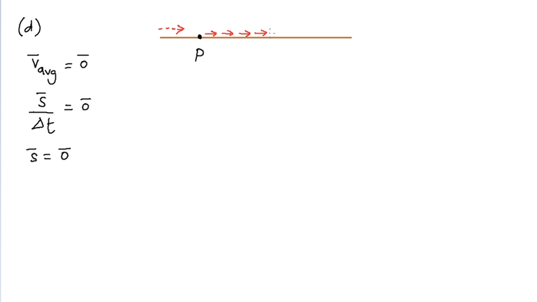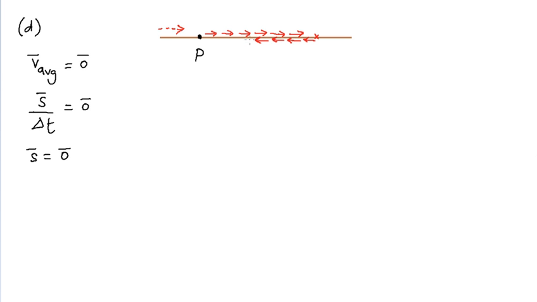So as the particle moves ahead, maybe it slows down, and at a certain point it actually stops momentarily maybe, and then its velocity becomes leftward.